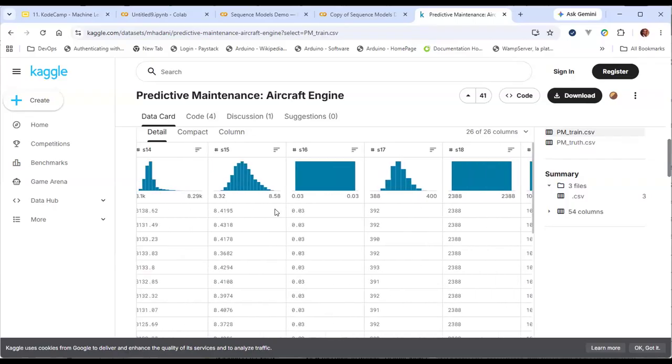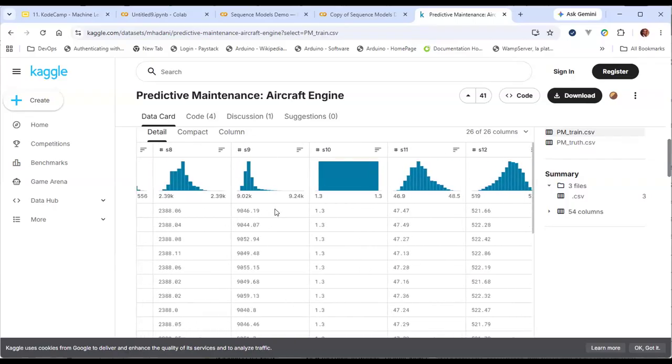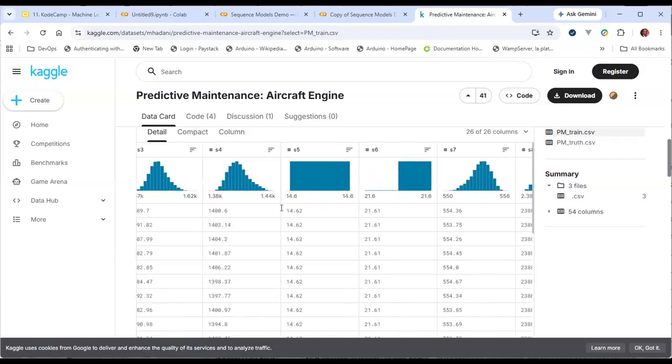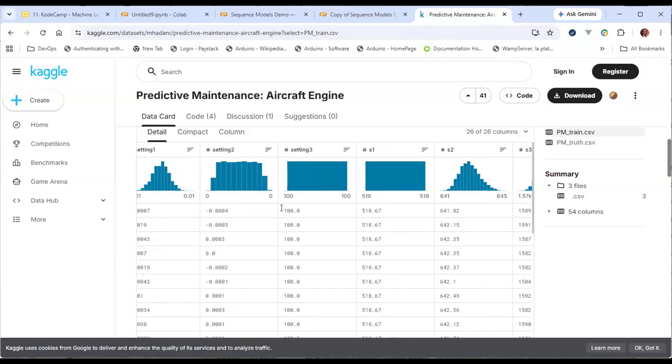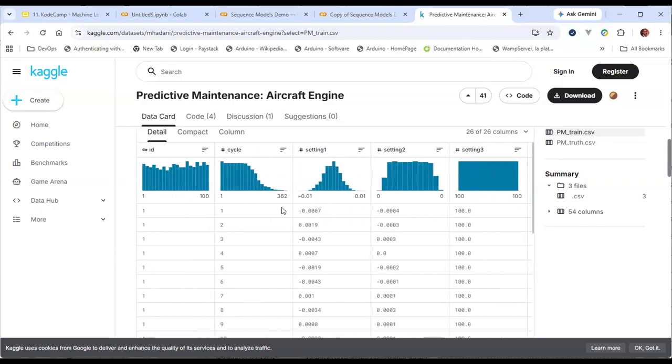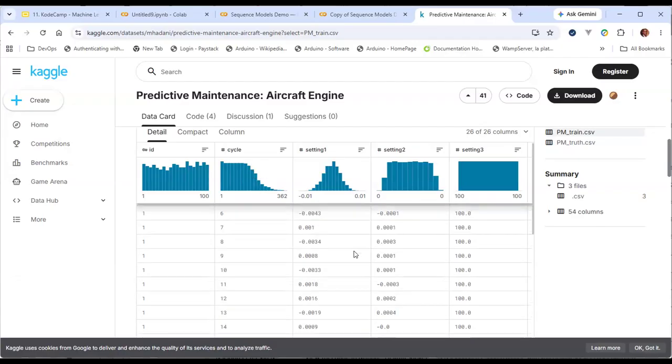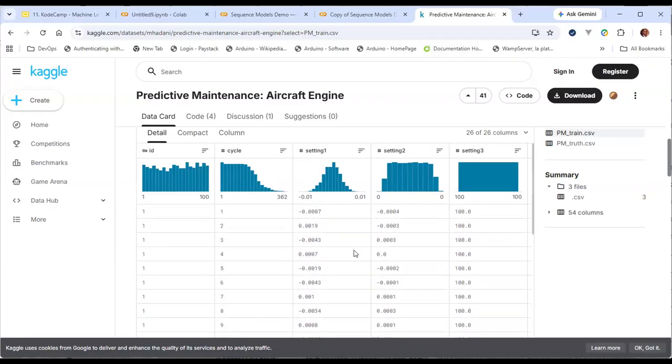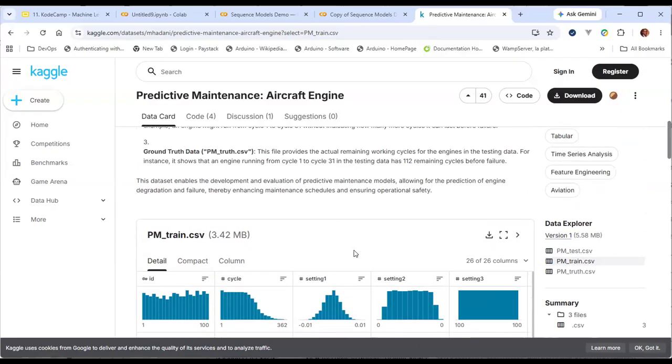We don't know what this actually means, but I'll just pick one of them to predict the next in the sequence. You want to predict the next value, and the next value can actually be an entire vector. So it's a bit more complex than what I wanted. I wanted a sequence with a single feature, or maybe two or three features. Let's see if we can find something like that.